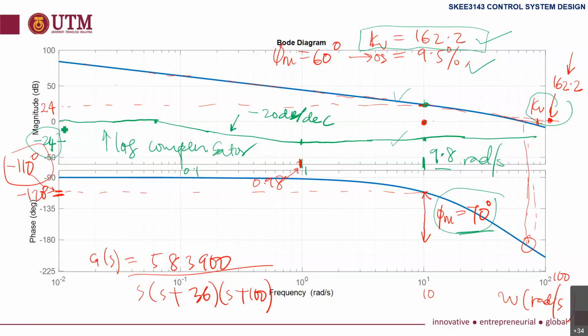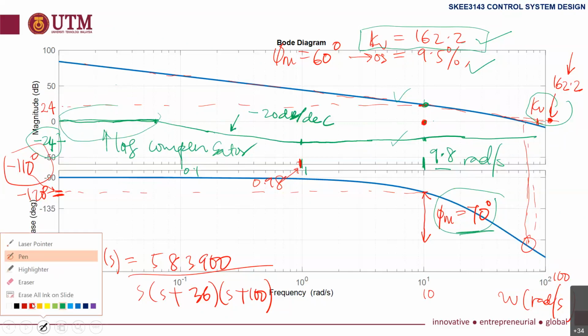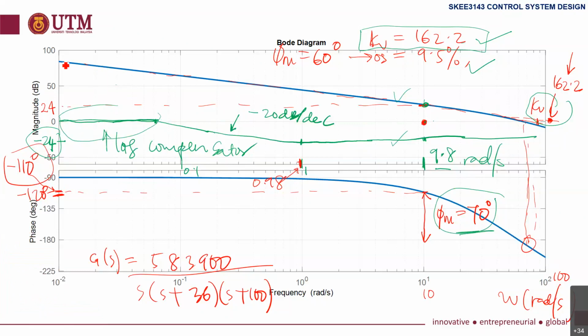Why? Because here, initially, it is 0 dB. It's not similar to gain adjustment where everything changes. Here, the magnitude is 0 dB. Therefore, if we add it with the original one, we will get the same magnitude at the low frequency.